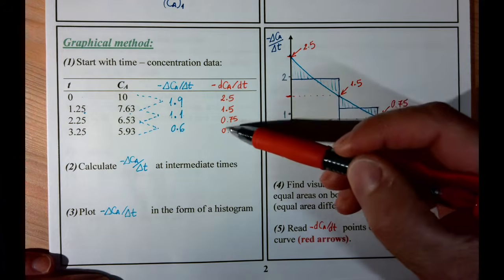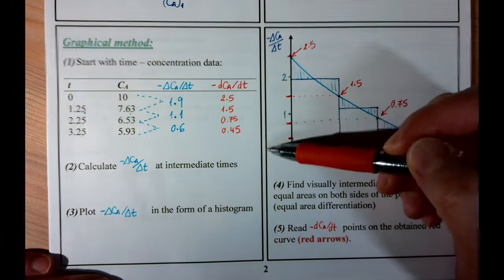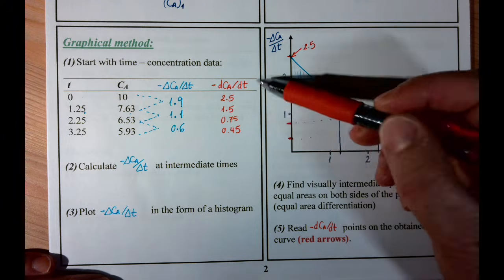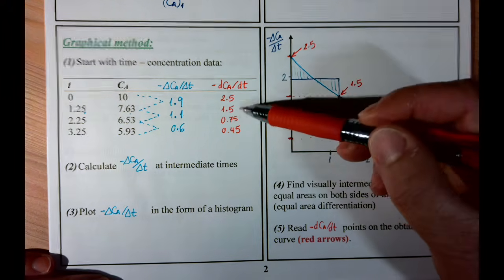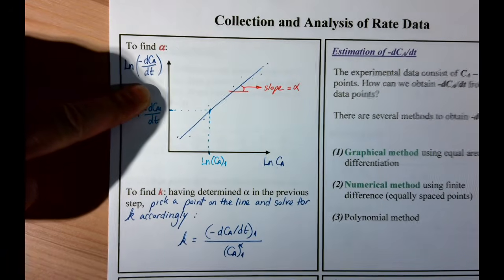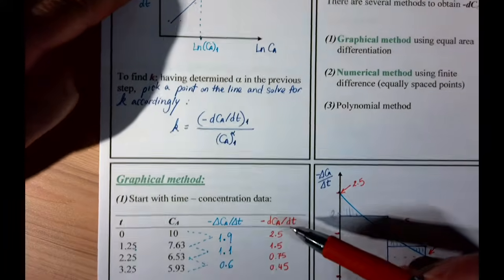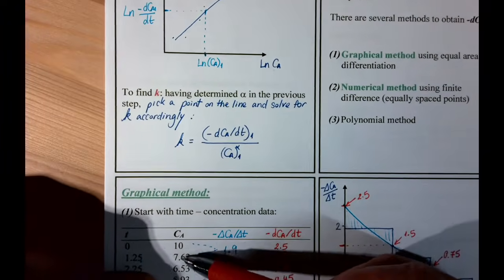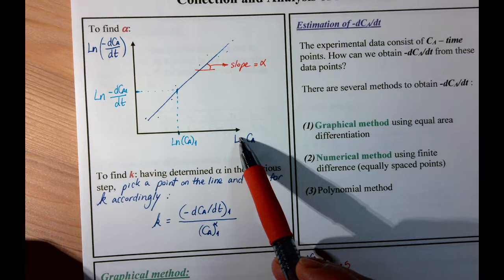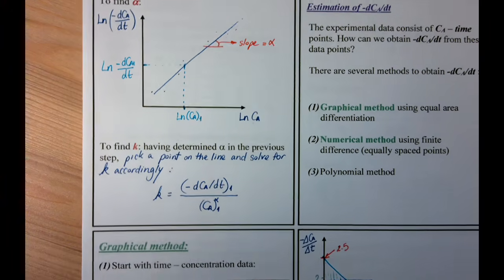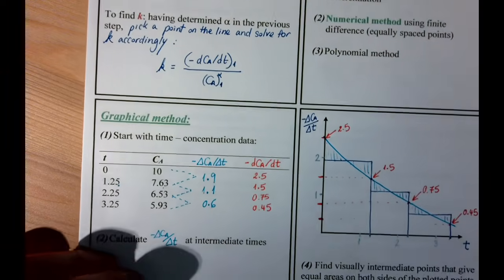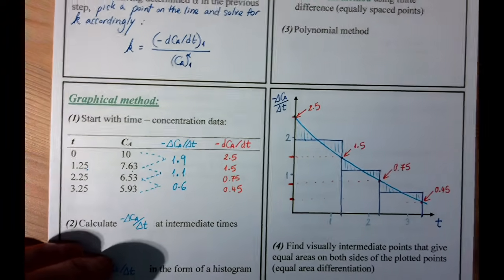So these are the data points for which I would then create another column to calculate the natural log of these numbers, which I would then represent in this graph, with the natural log of these CAs on the x-axis. Okay, so that's the graphical way of doing this.